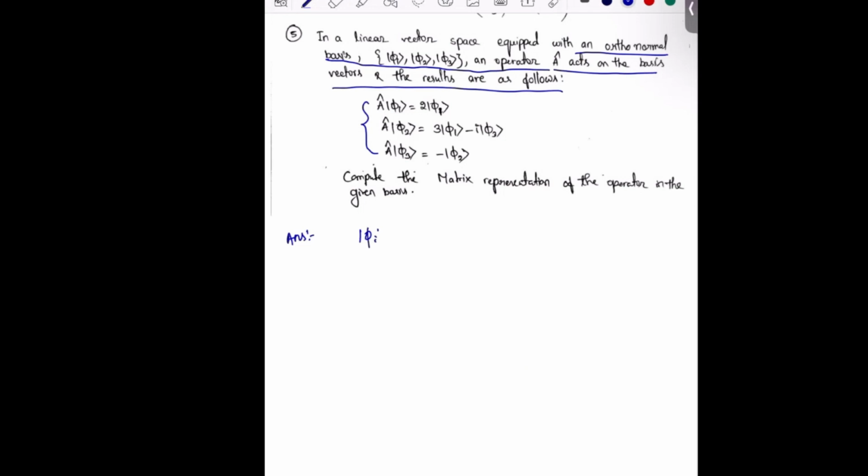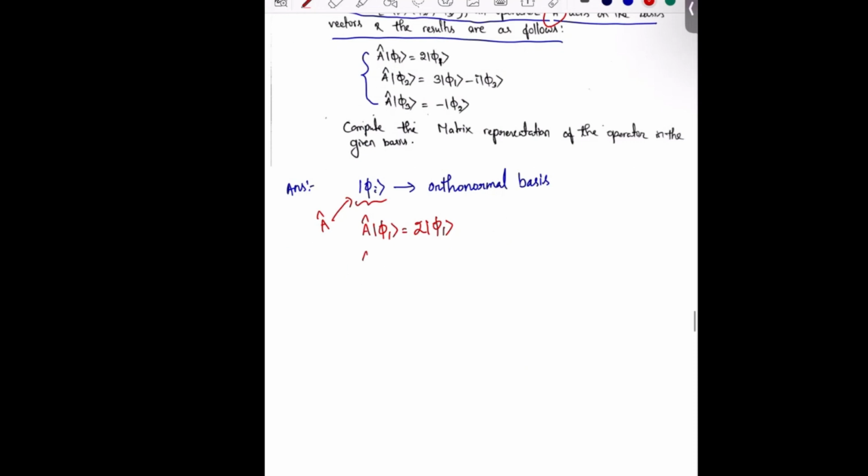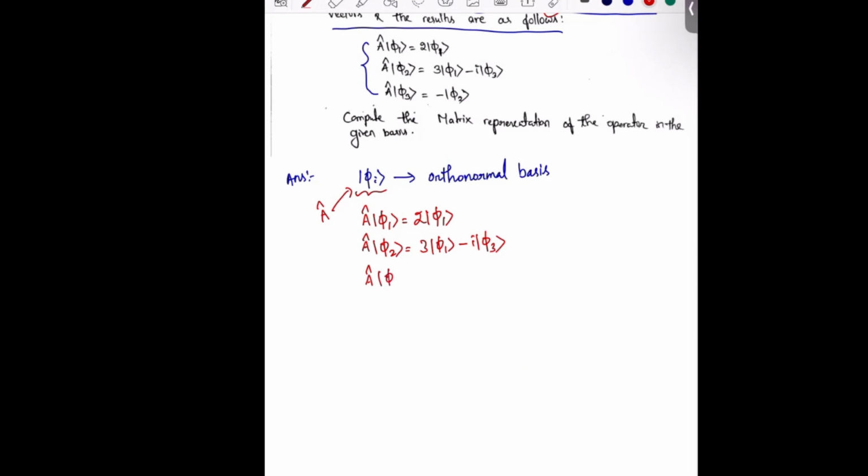It is given that phi i are orthonormal bases, and an operator A acts on this basis set and the result is A phi 1 equal to 2 phi 1, A phi 2 equal to 3 phi 1 minus i phi 3, and A phi 3 equal to minus phi 2. This is given to you.